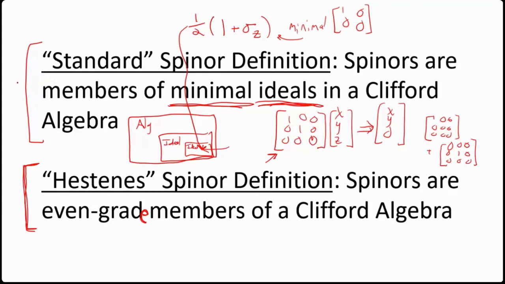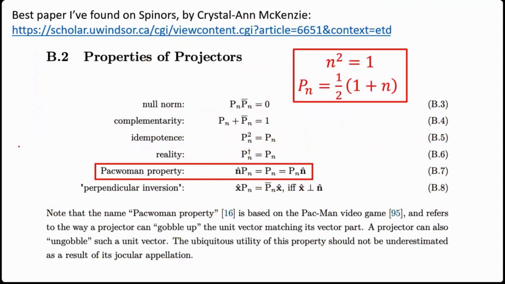Okay. So I wanted to talk about these two definitions and how they're connected, because it seems like every other paper Slava and I find, they switch definitions. So I wanted to bring up a fact. If we have a unit vector n, a normal vector of unit length, we can get a projector like this, like we did with sigma z.